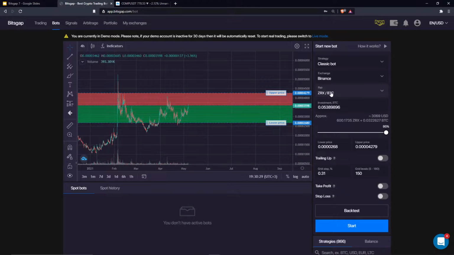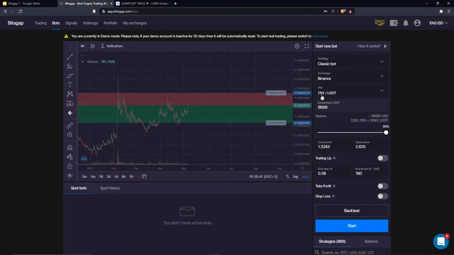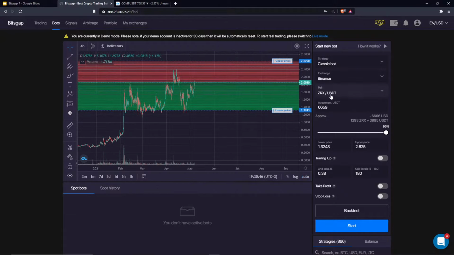So in that case, we end up having a double risk exposure by trading 0x to Bitcoin, which is not the case when you trade, let's say, 0x to USDT. In that case, your risk exposure is only in 0x, its value as it fluctuates, because as you make returns in the quote currency, in that case that's USDT, you know that the value of USDT that the bot made for you today will be the same tomorrow, because USDT is pegged to the dollar, 1-to-1.